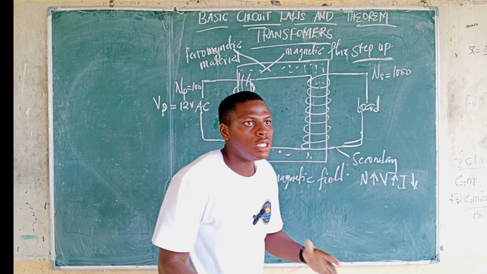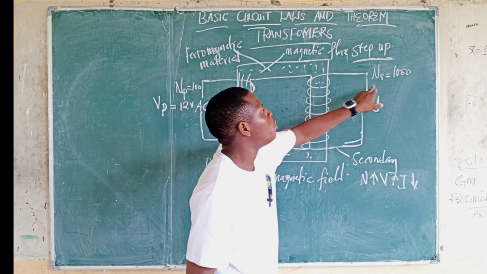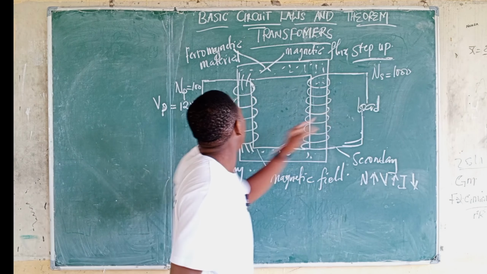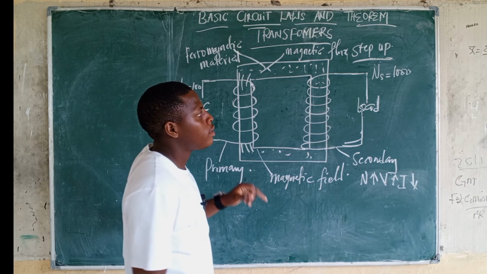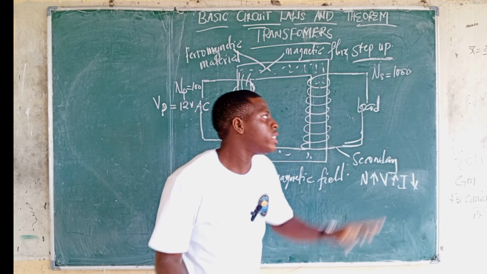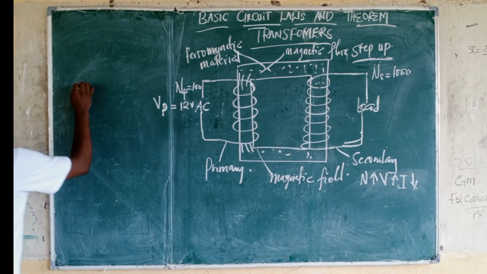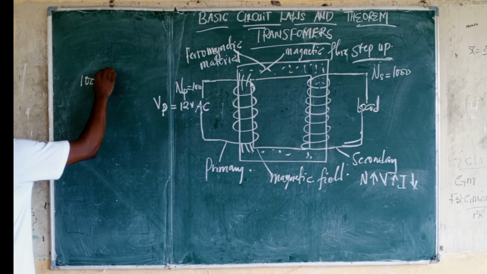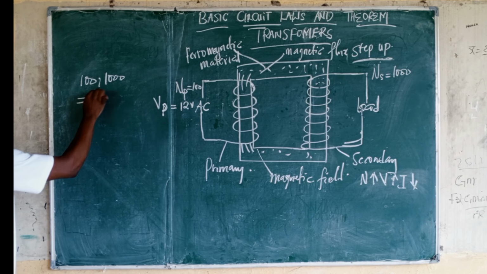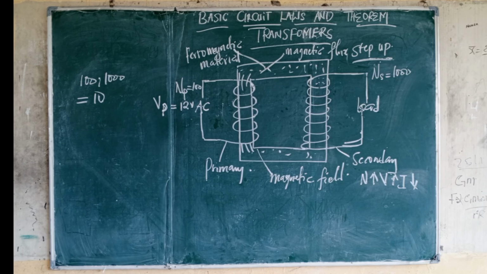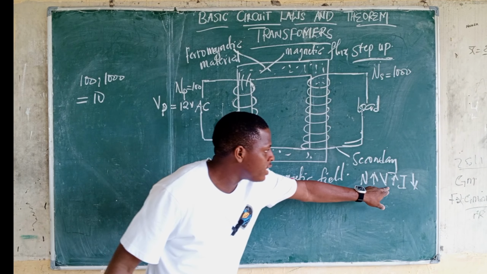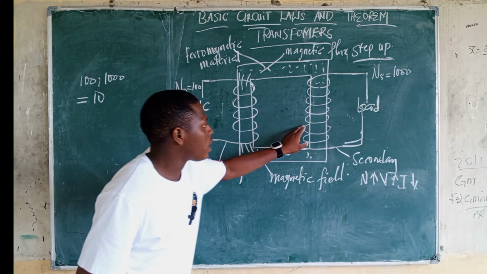So the first thing that should come to your mind is the ratio between your secondary and your primary. When we talk about ratio, it simply means divide this by this. So 1000 divided by 100 gives you 10.